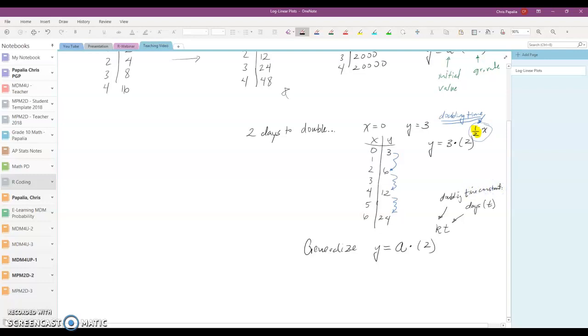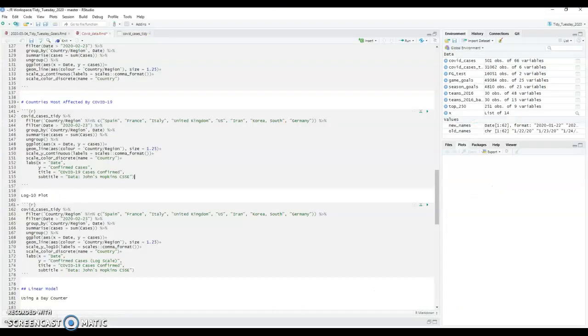And let's now take a look at some data. Before we do this, if we were to plot these ideas, our graph would look like this. This is a classic exponential graph.